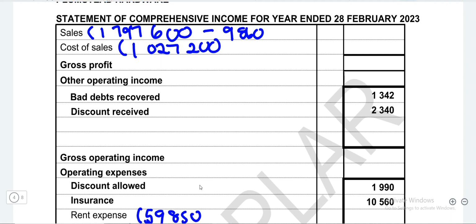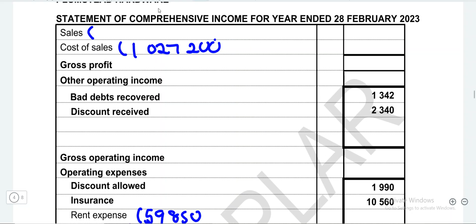So guys, I'm here. We have already entered the information that is from the trial balance. Maybe let me write this very properly. Because it seems very big, I'm going to rewrite our sales because I think I used a very big pen.